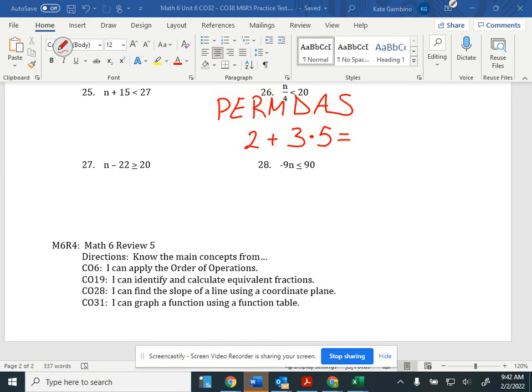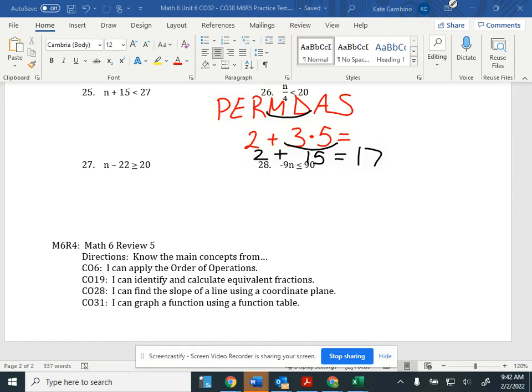What should my answer be? Ryan? You do 3 times 5 first. So in PERMDAS, I hit multiplying and dividing first, so I need to do my multiplying and dividing first. Again, I'm going to rewrite my equation. So what is my answer, Ryan? 17.